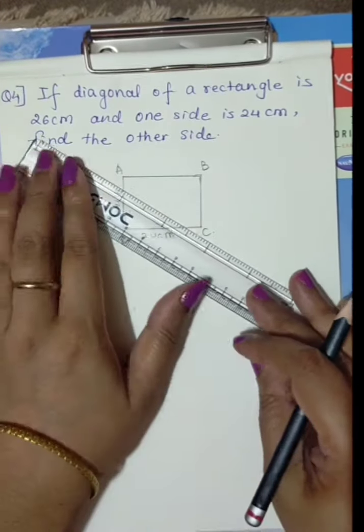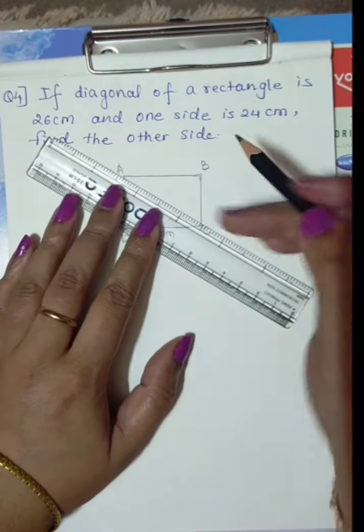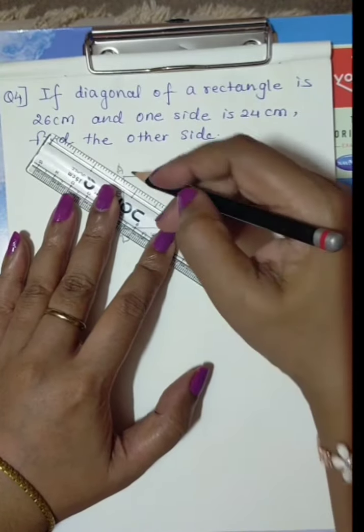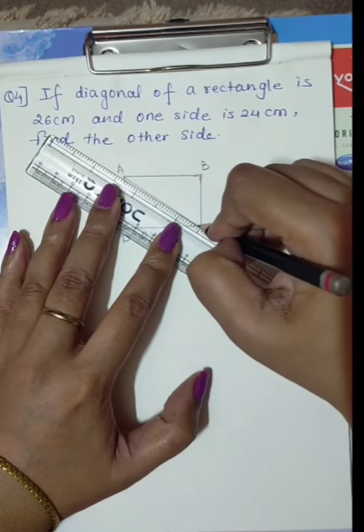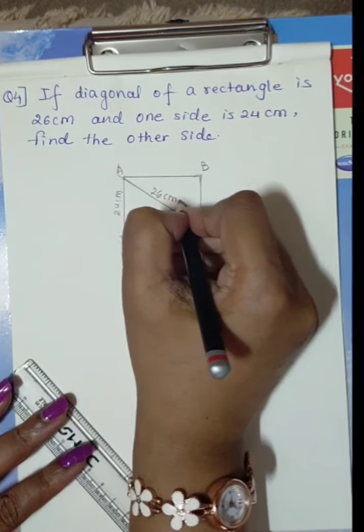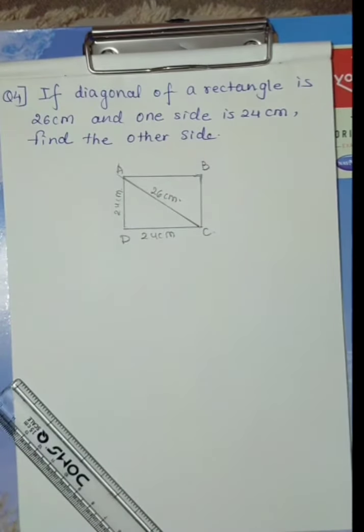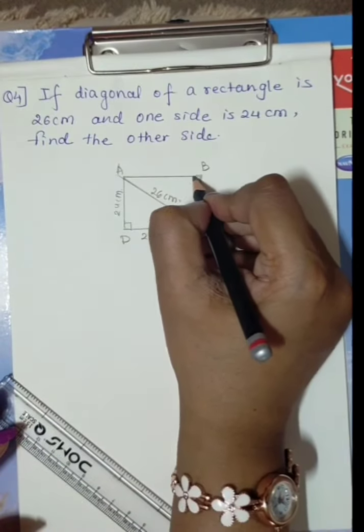Okay, now here the diagonal of a rectangle is 26 centimeters. Diagonal means this AC. Okay, this AC is what? 26 centimeter. I hope you understood. So these are 90 degree angles.